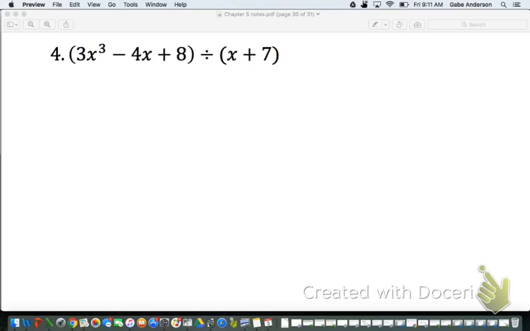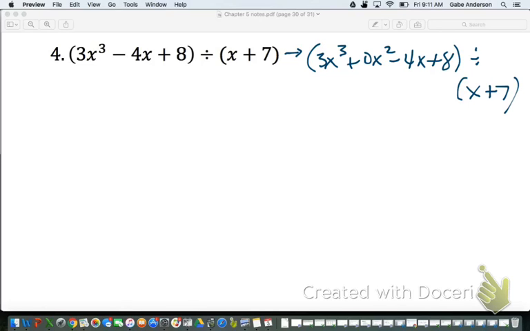X squared. Yeah, so in a case like that we need to have a placeholder for that degree. I'm going to do a quick rewrite over here on the right side. This would really be 3x cubed plus 0x squared minus 4x plus 8 divided by x plus 7.